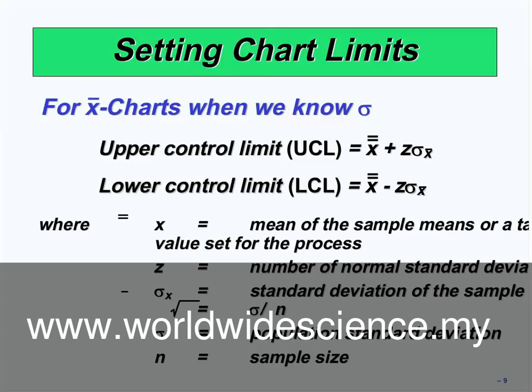Z and sigma can be given by the operation manager, and they can be chosen from the table. And n is the sample size. It depends on the operation manager how many t-shirts, how many products he or she selects as a sample. Okay.